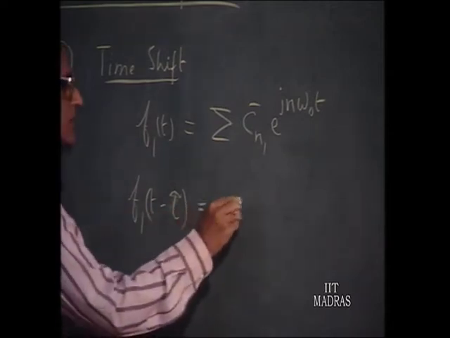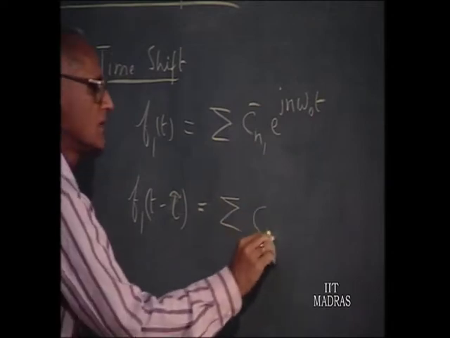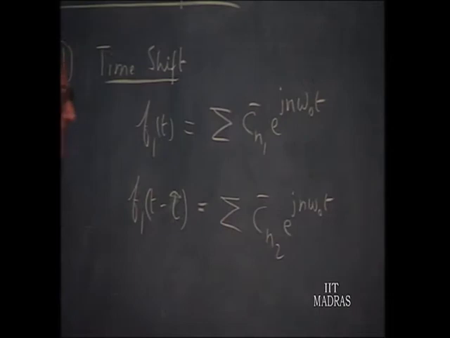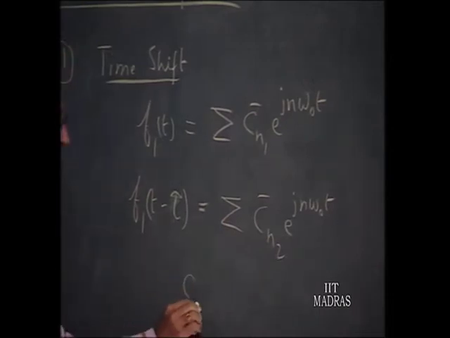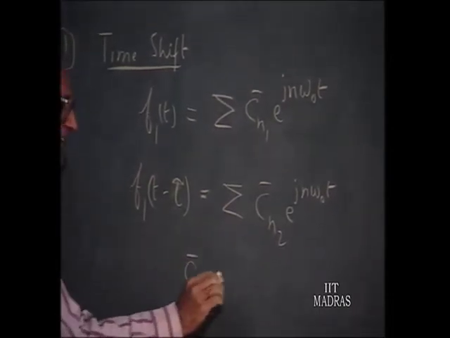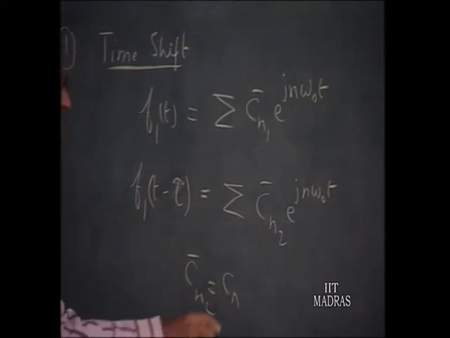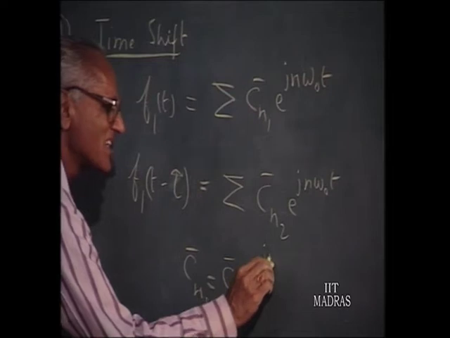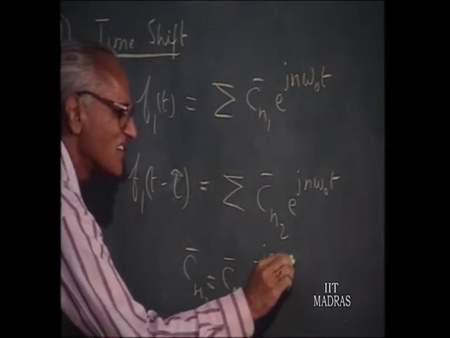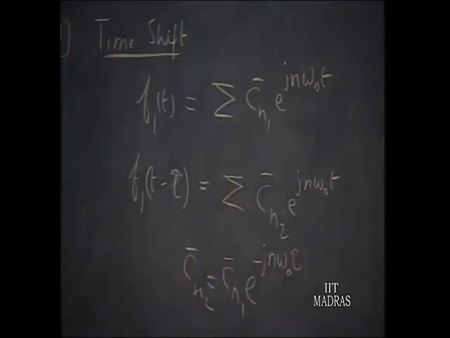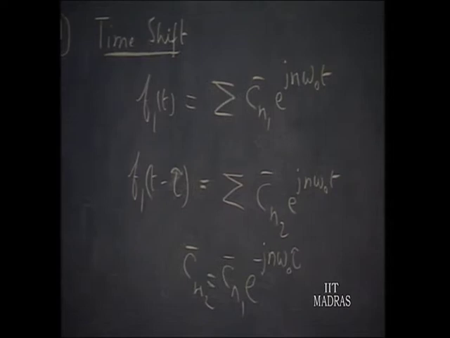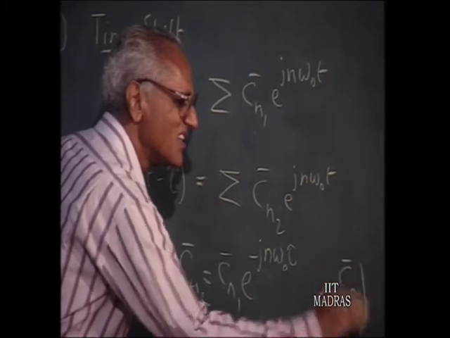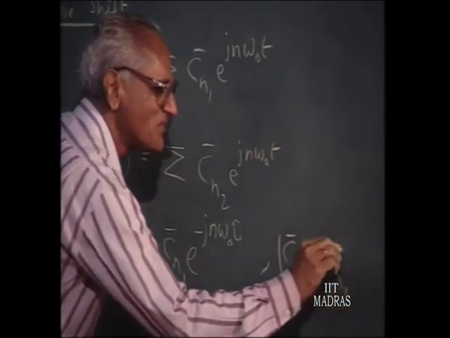Then it can be shown that the corresponding Fourier series for this will be such that cn2 is cn1 multiplied by e to the power of minus j n omega naught tau, which immediately shows that the magnitude of cn2 is the same as the magnitude of cn1.